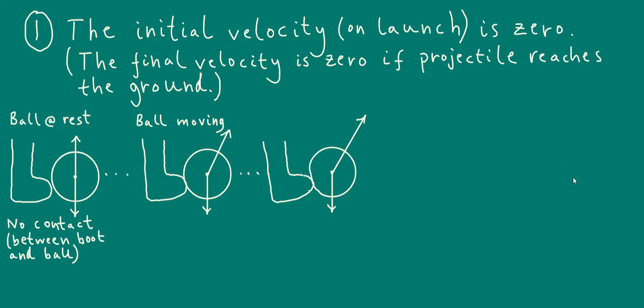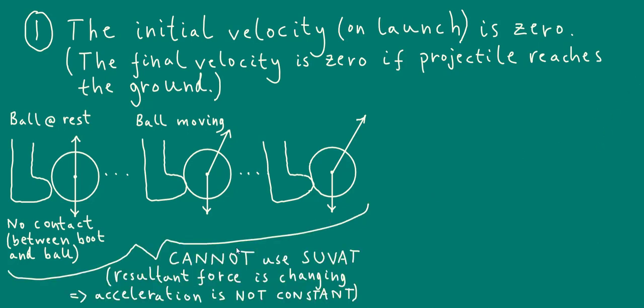So what we've seen here is that from the start up to this point, the resultant force acting on the ball is changing. And that implies that we can't use the SUVAT equations during this interval of the ball's motion. That's because if the resultant force is changing, that implies that the acceleration of the ball is also changing, or not constant.